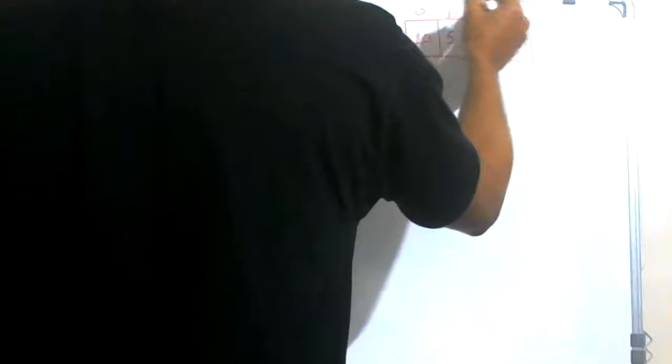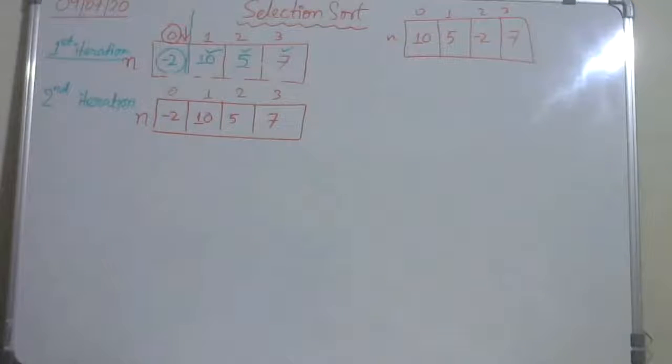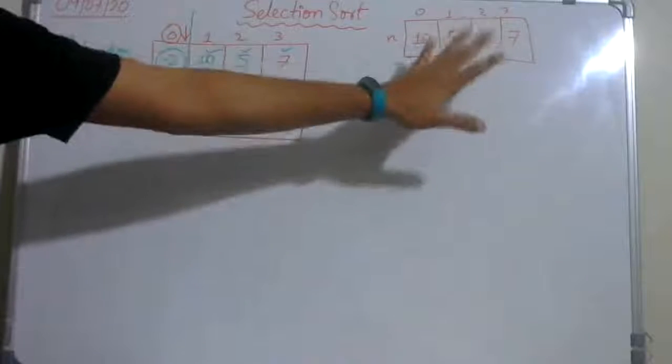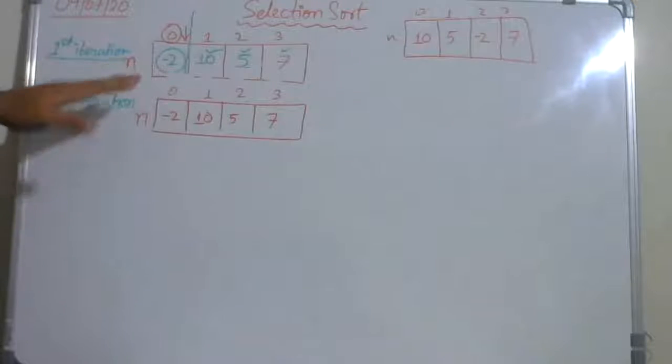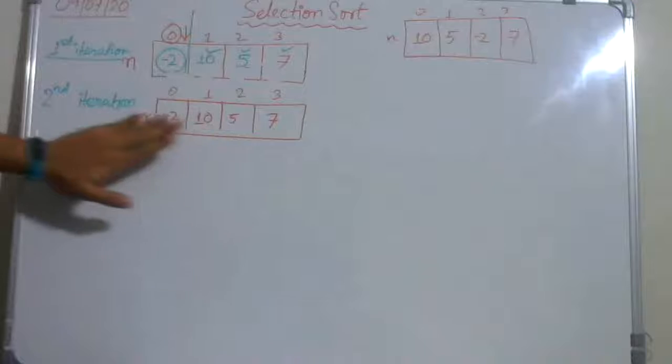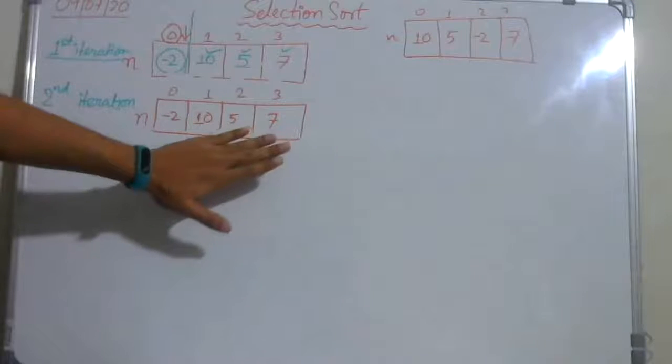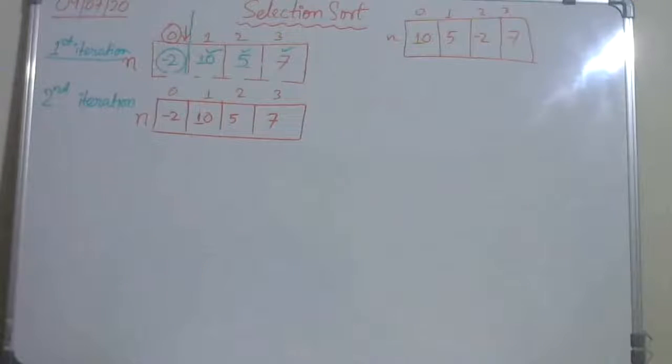So 10 was at the beginning, then there was 5, then there was -2 and 7. These were the original positions of the elements in the array. Now, after the first iteration, the original positions have been altered a bit, and we have these particular positions of the elements after the first iteration is completed.